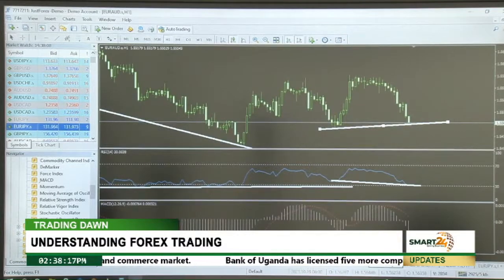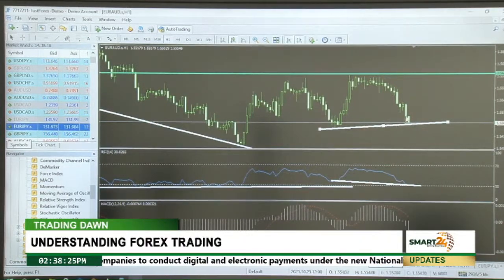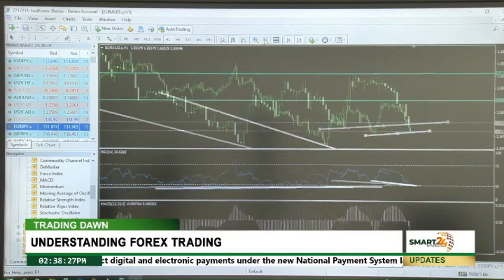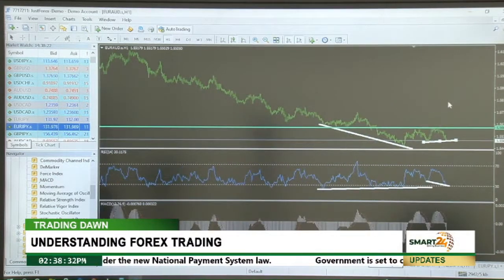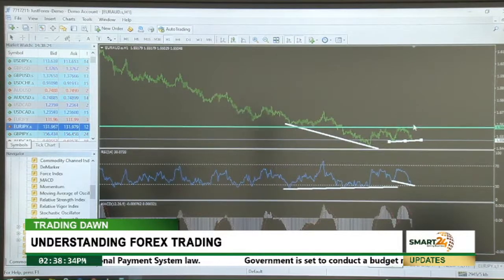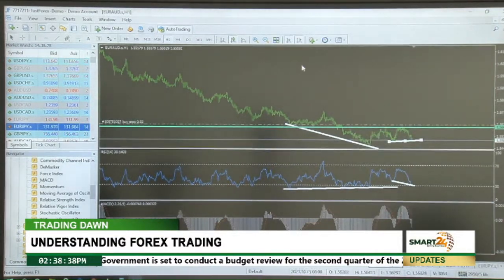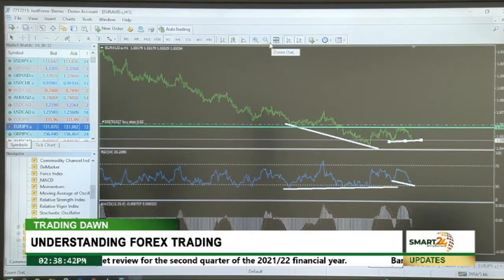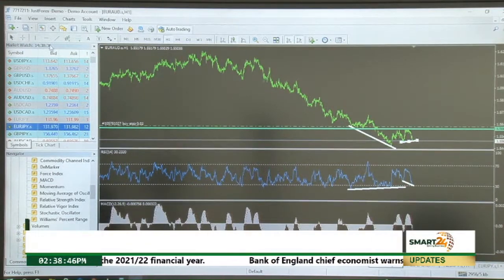It's not really picture perfect, not very glamorous, but it could be a setup. Maybe price could bounce off there and continue upwards, and start having some good trend, some good formation. Maybe there I'll put a buy stop in case price breaks, in case some volatility happens. Then I could start buying upwards.